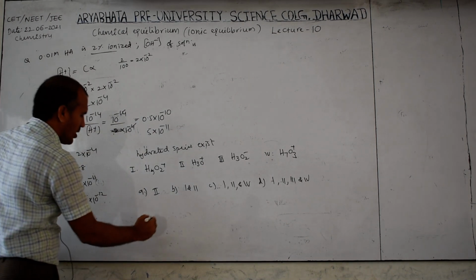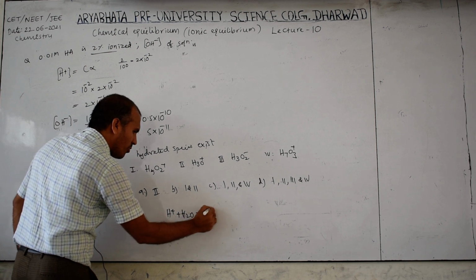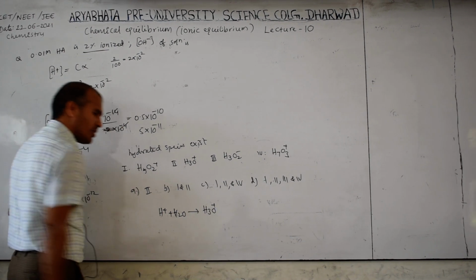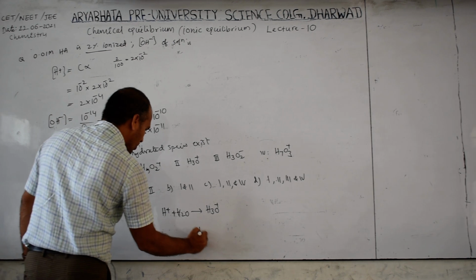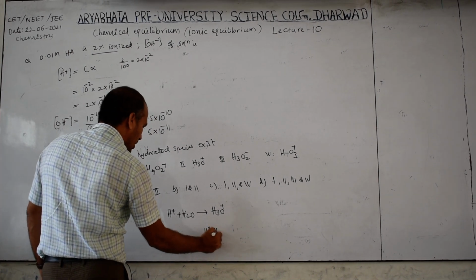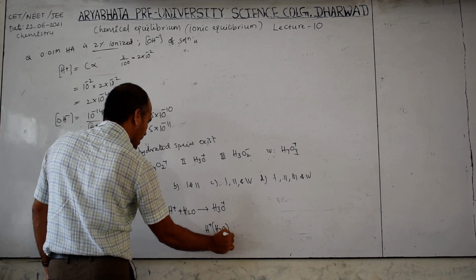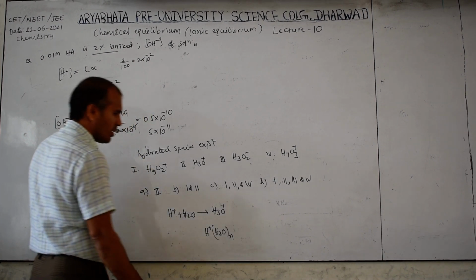Then you know that H plus ion plus H2O combine to form H3O plus. Therefore, this is simply given as H plus and H2O taken n times, like this.